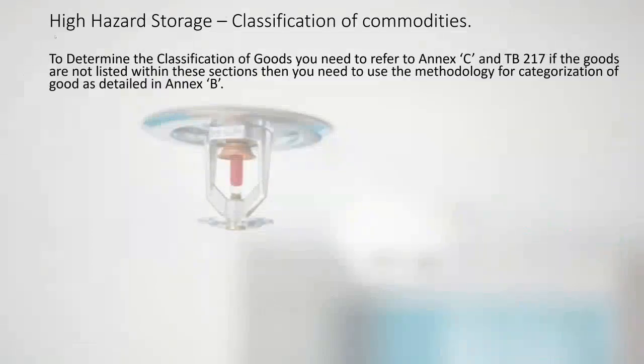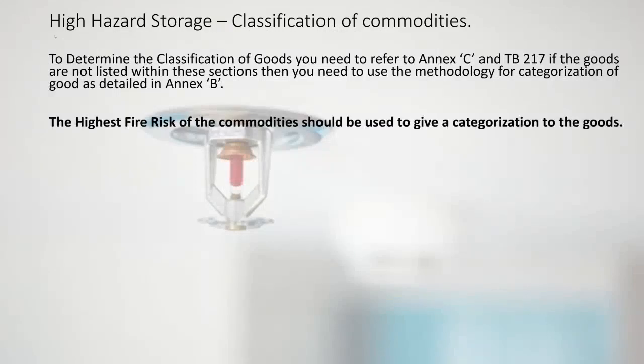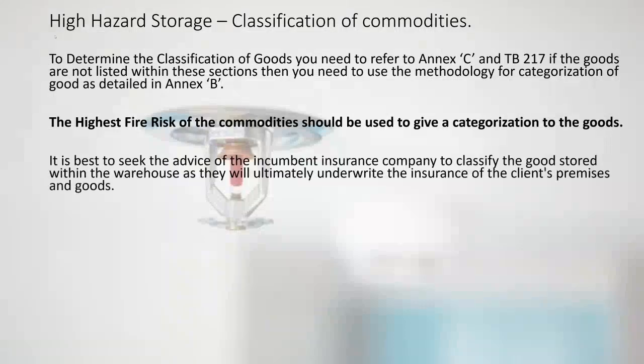To determine the classification of goods, you'll need to refer to Annex C and TB 217. The highest fire risk of the commodities should be used to give the categorisation of the goods. It's best to seek the advice of the incumbent insurance company to classify the goods in storage within the warehouse.